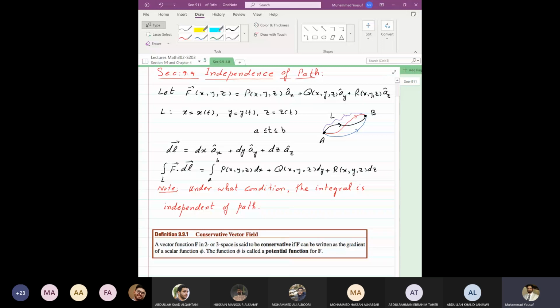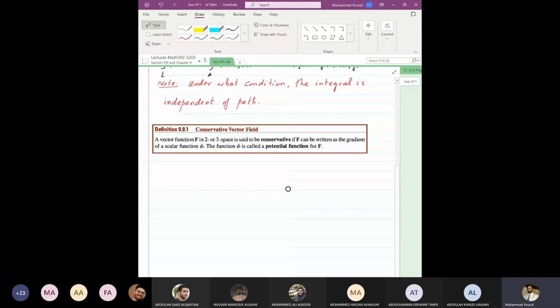For this, we first need to learn a definition. A vector field or vector function in 2D or 3D is said to be conservative if it can be written as the gradient of a scalar function phi.